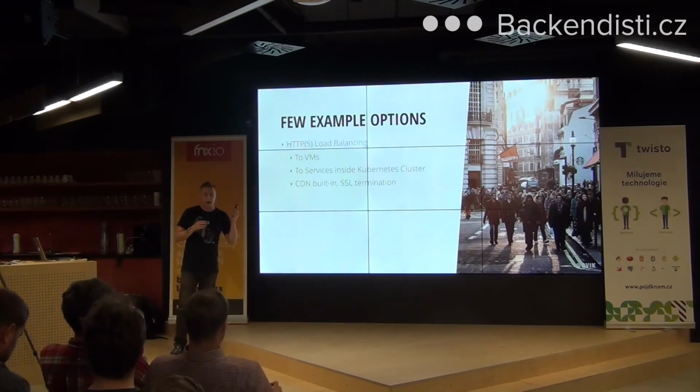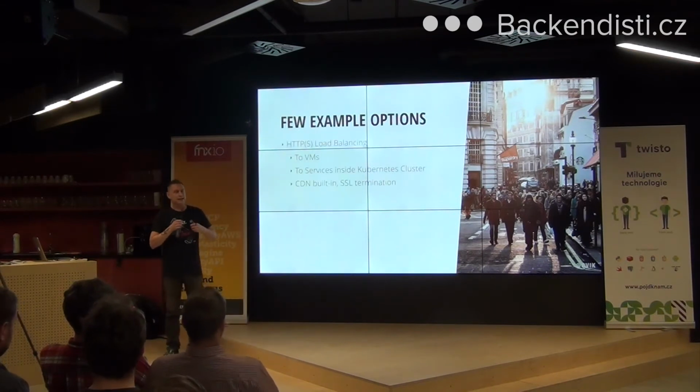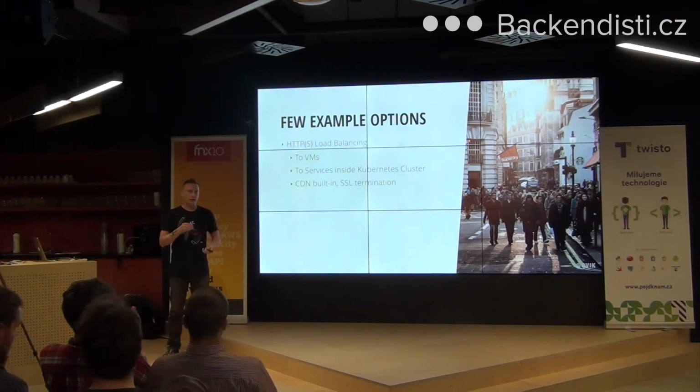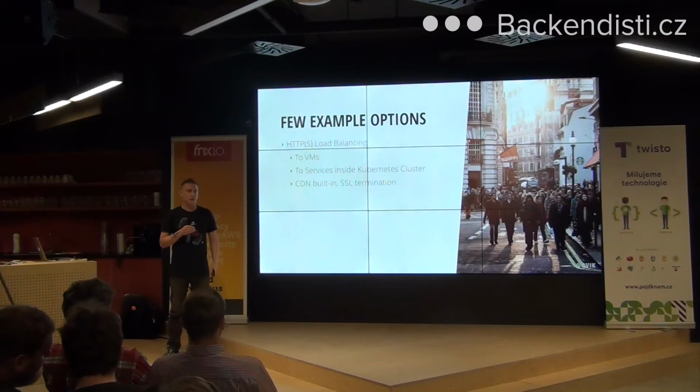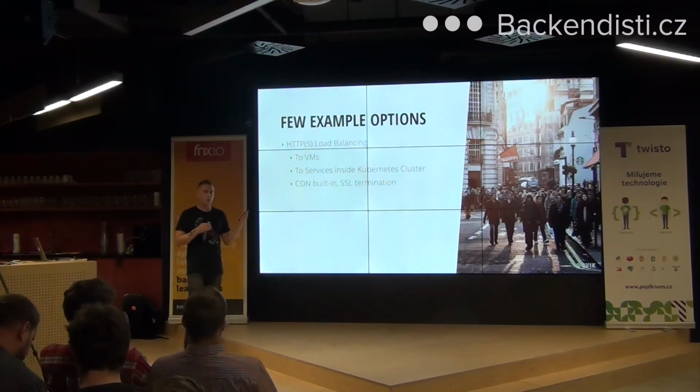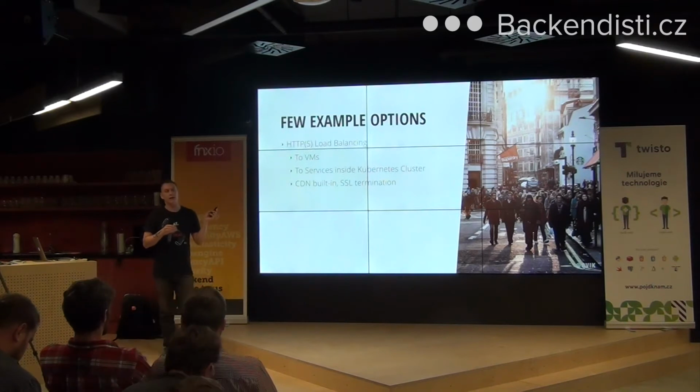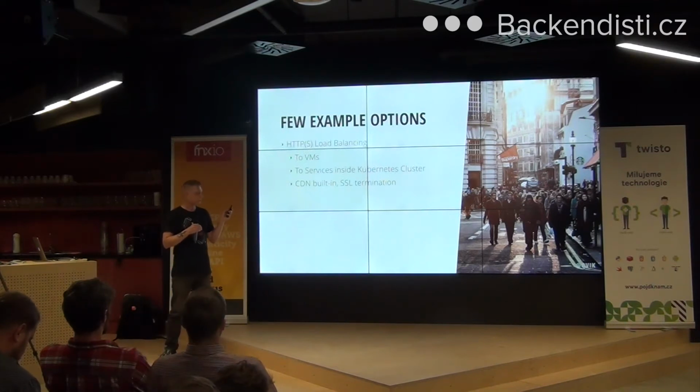In Google Cloud Platform, the simplest way to start building a scalable backend for your mobile infrastructures is to use HTTPS load balancing. What this does is it gives you the L7 layer of load balancing.